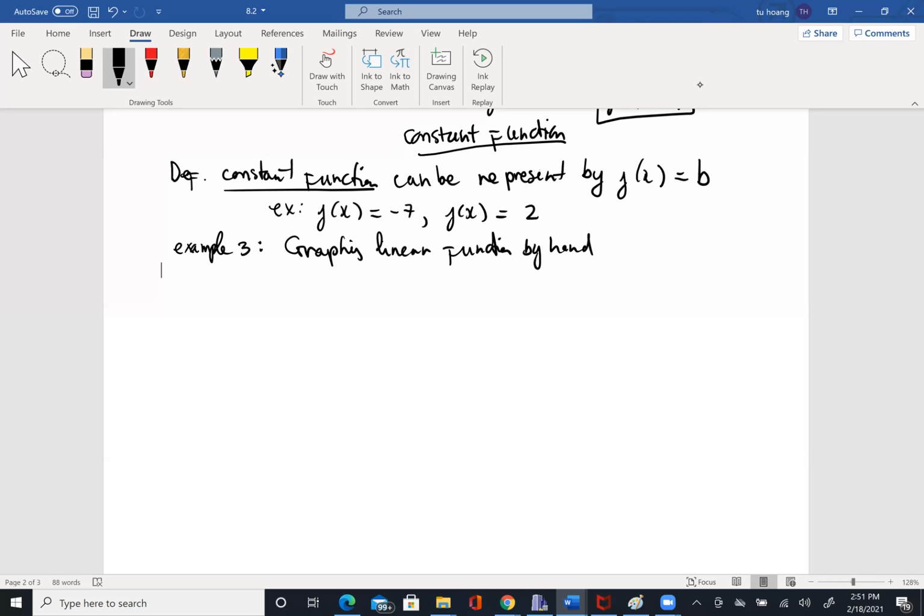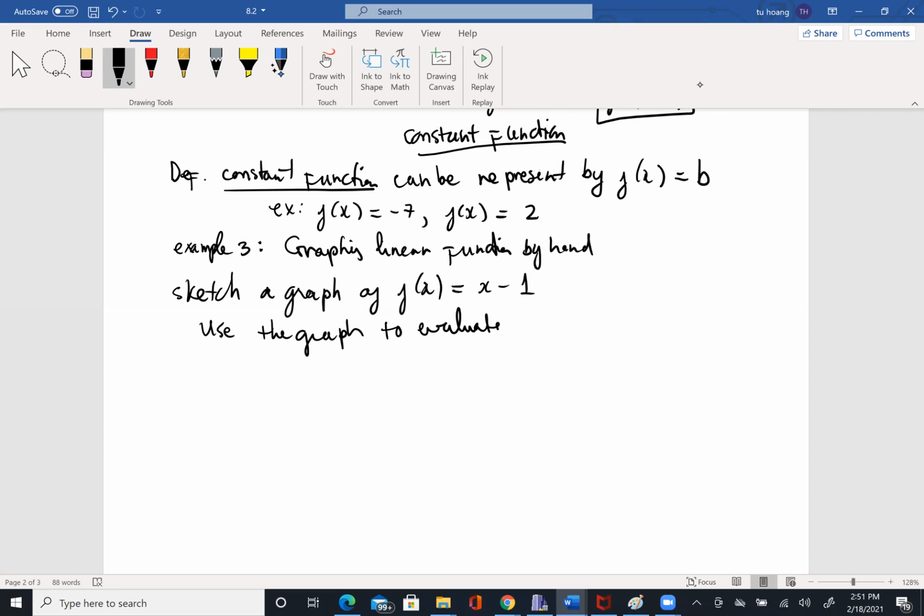We're going to sketch a graph of f of x equal to x minus 1, and then use the graph to evaluate f of -2.